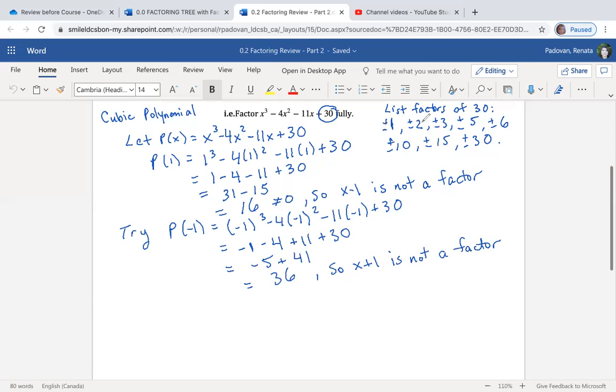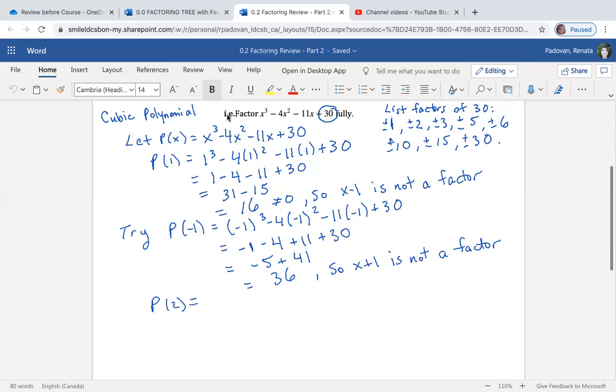So let's go down the row here and try p at 2. So always go back up to the original.